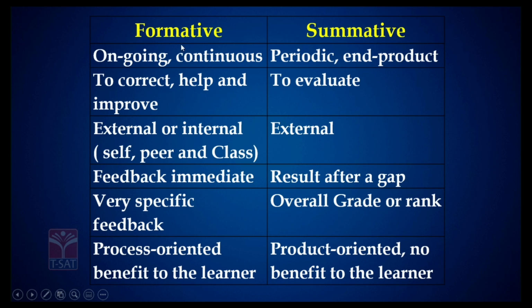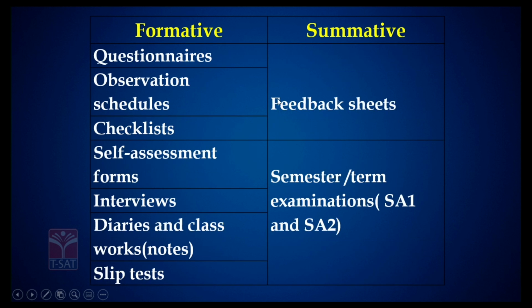And formative evaluation has its impact on the learners. Normally, formative evaluation is done to benefit the learner, whereas for summative evaluation there is no scope of any, because once the result is declared, there ends the matter. And here are the tools.